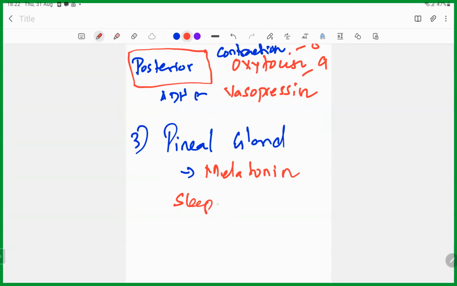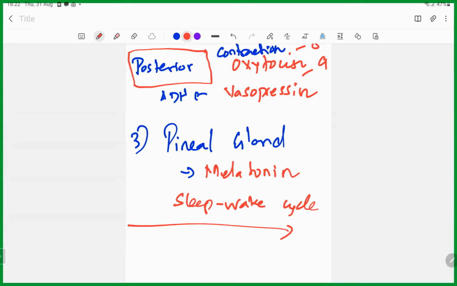It controls the sleep wake cycle, the circadian rhythm. That's why when we are depressed, we can't sleep, as melatonin is lost. So the circadian rhythm and sleep wake cycle are controlled by the pineal gland. All these glands are present in the head region.